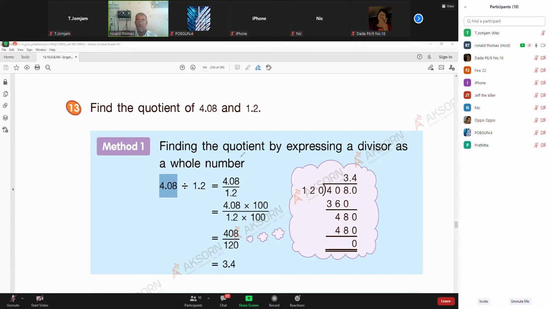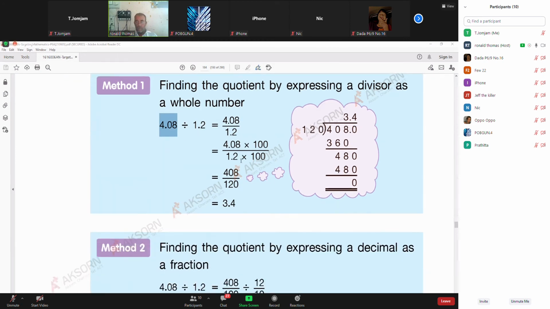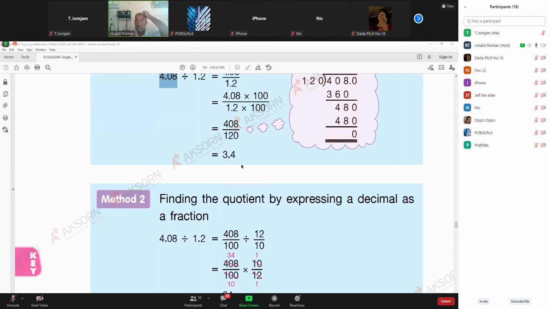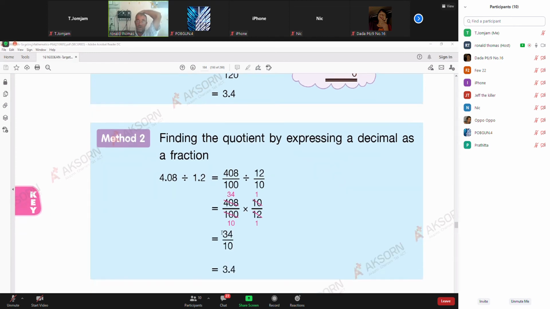184, method 2. Finding the quotient by expressing a decimal as a fraction. Changing a decimal to a fraction. 4.08 divided by 1.2 is 408 over 100 divided by 12 over 10 as a fraction. We've done this before.